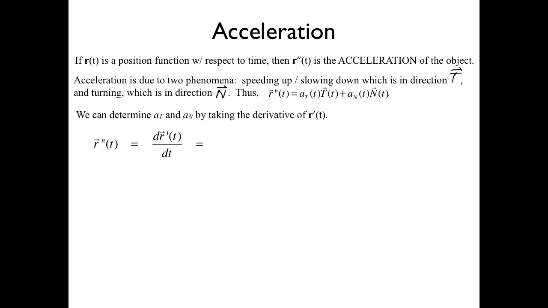That's where we're going with this. And we can rewrite velocity as speed times the unit tangent. Should make perfect sense, right? Speed is the magnitude of velocity.